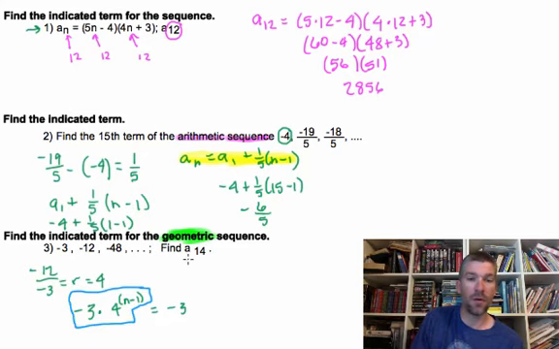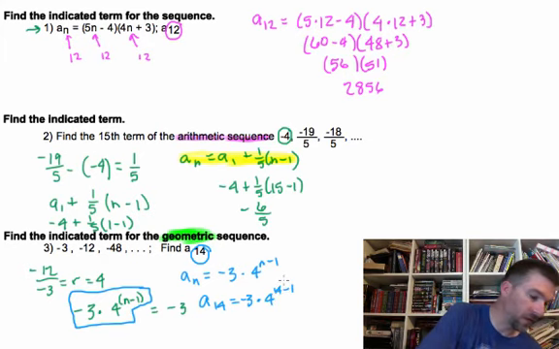And if I want to know the 14th term of that, then everywhere I see n, I put in 14. So if my explicit formula is a_n equals -3 times 4 to the n minus 1, then I put 14 everywhere, and the 14th term is equal to -3 times 4 to the 14th minus 1 power.